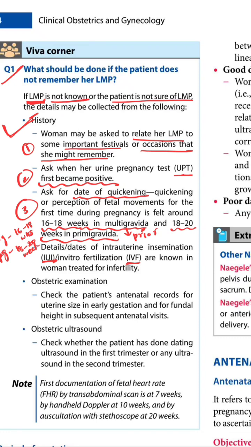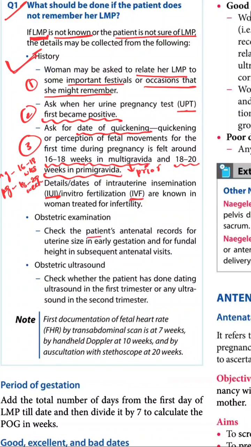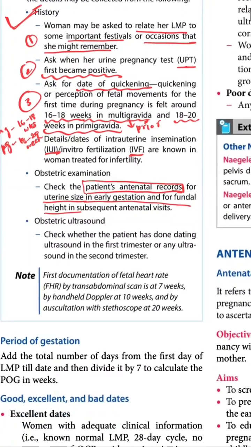Now let's move on to obstetric examination. Check the patient's antenatal records. If the patient forgot the LMP, you can ask for the antenatal record and check the uterine size in early gestation and the fundal height. And obstetric ultrasound: check whether the patient has done a dating ultrasound in the first trimester or any ultrasound in the second trimester.